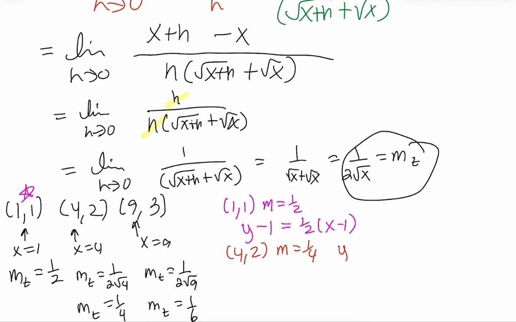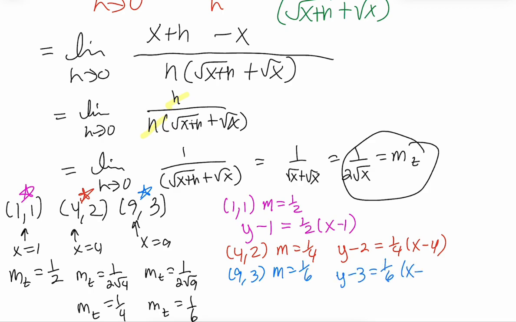So its equation is y minus 2 equals 1/4 times x minus 4. Different slope, different equation. Finally, for the point 9, 3, our slope we found was 1/6. So it's going to be y minus 3 equals 1/6 times x minus 9.